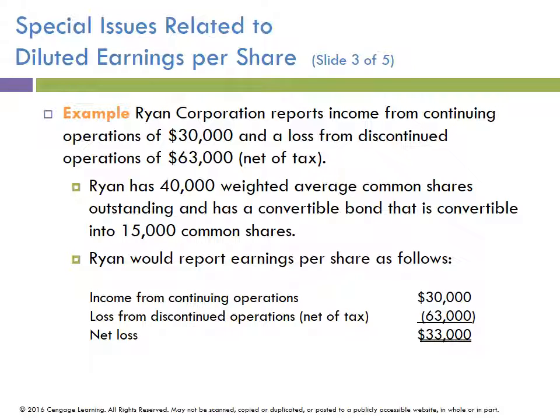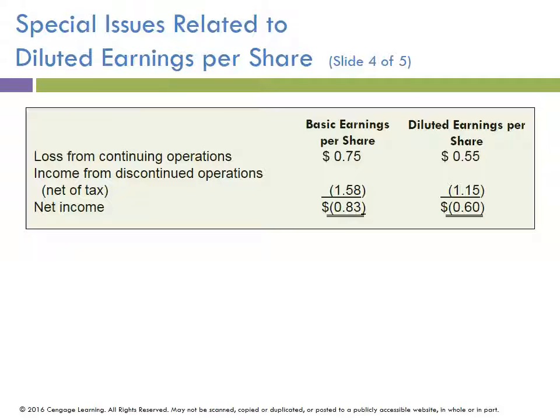Let's see what happens. Income from continuing operations is 30,000, loss from discontinued operations 63,000, overall net loss 33,000.